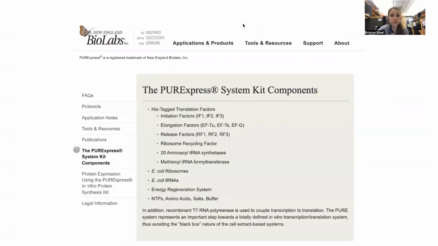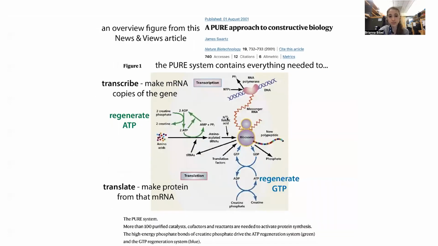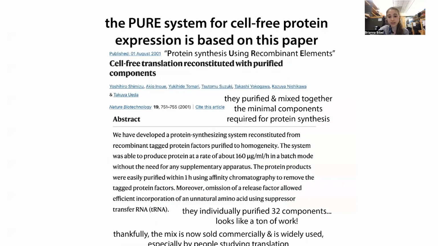And then now it's sold by NEB. And so you can see it has these translation factors. It has the tRNA synthetases, so the things that are needed to put the amino acids onto tRNAs. It has the tRNAs, it has the amino acids, it has salts and buffers, it has the energy regeneration system, so you could keep the energy going. So it has all of these things that are purified separately. And so you can see that this would have taken a lot of work.